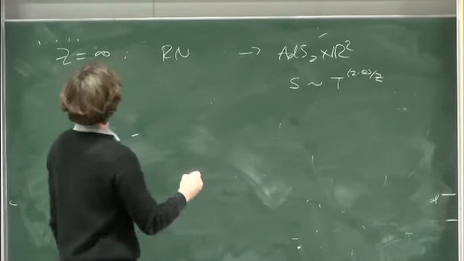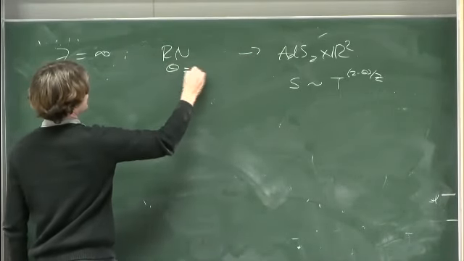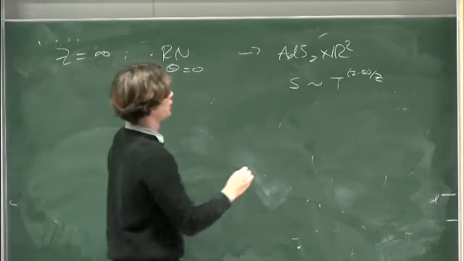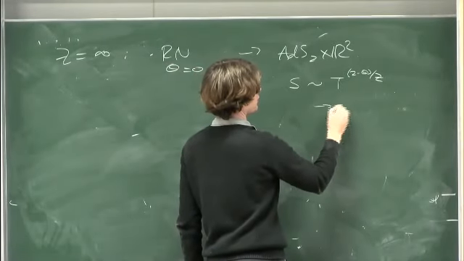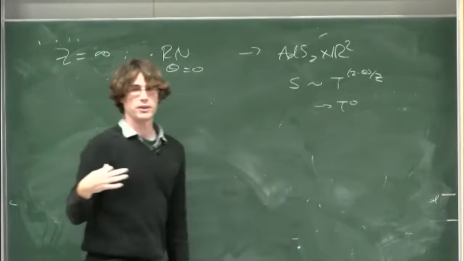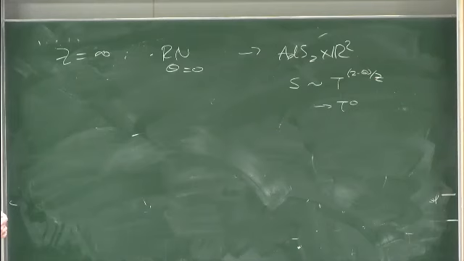So Reissner-Nordström has z equals infinity and theta equals 0. So this goes like T to the 0.